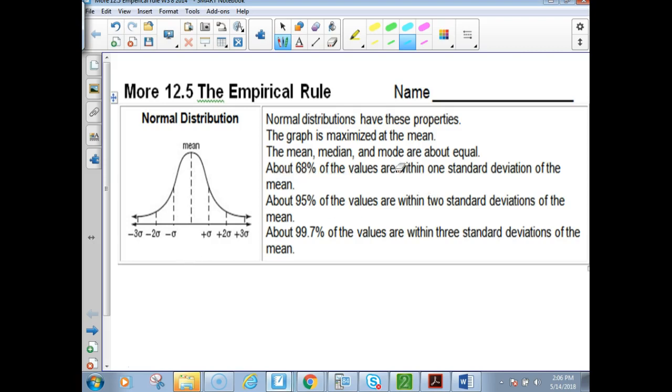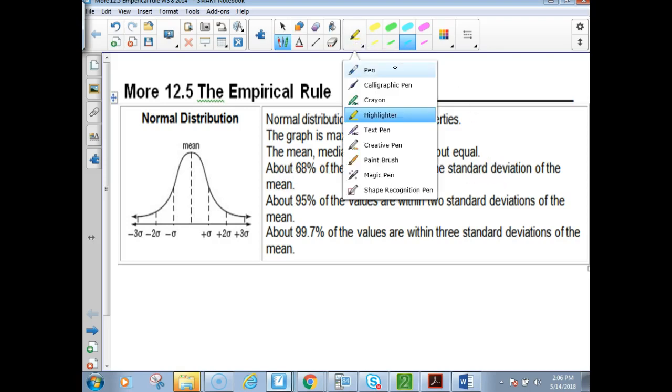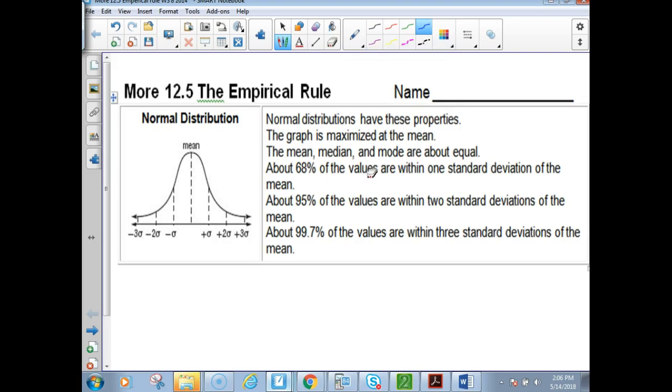About 68% of the values are within 1 standard deviation of the mean. Now, what is that? Well, the standard deviations, this is standard for standard deviation. So 68% lie within 1 standard deviation of the mean, which would be all of this. From here to here is 68% of your data.